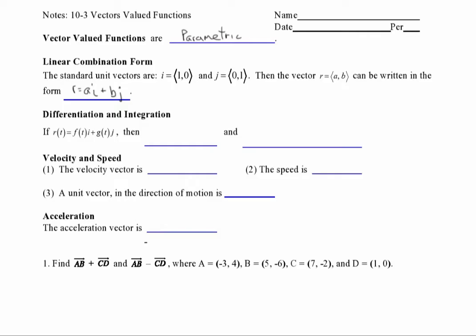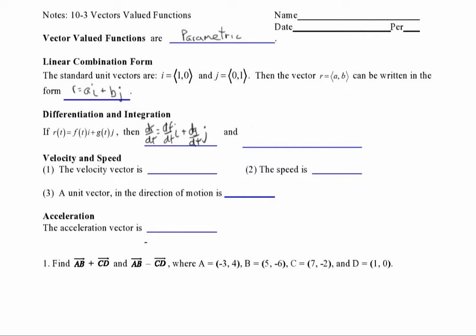Differentiation and integration are going to be similar to what we've done all the time, so we're just going to do it piece by piece. dr/dt is going to equal, when we have r as f of t times i and g of t times j, the derivative of f with respect to t, and that'll be our i horizontal component, and then the vertical component will be dg/dt times j.